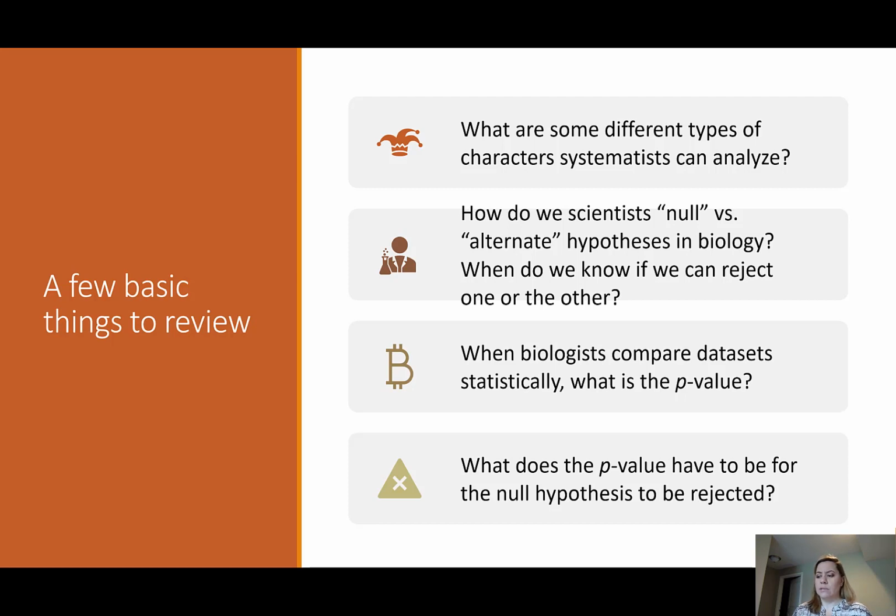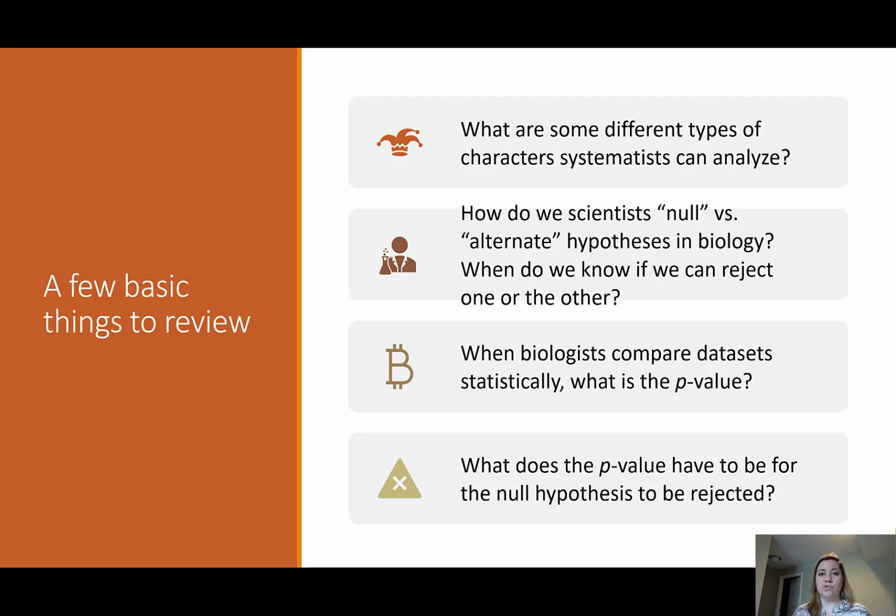All right. So if the p-value is defined as the probability that the null hypothesis is true given your data, that suggests that in order to accept the null hypothesis, your p-value has to be pretty high, right? The probability that the null hypothesis is true has to be high in order to accept the null. So what does the p-value have to be for you to reject the null? It has to be really low.